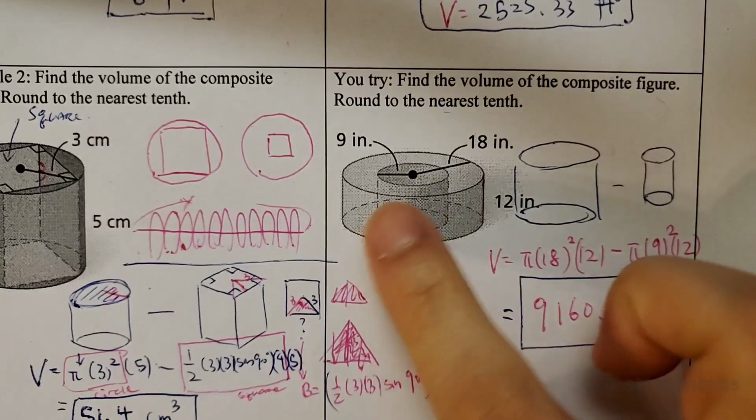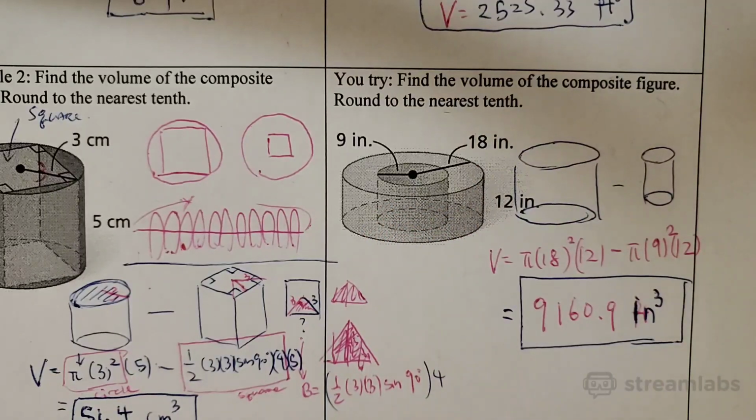So volume is always base area times height.